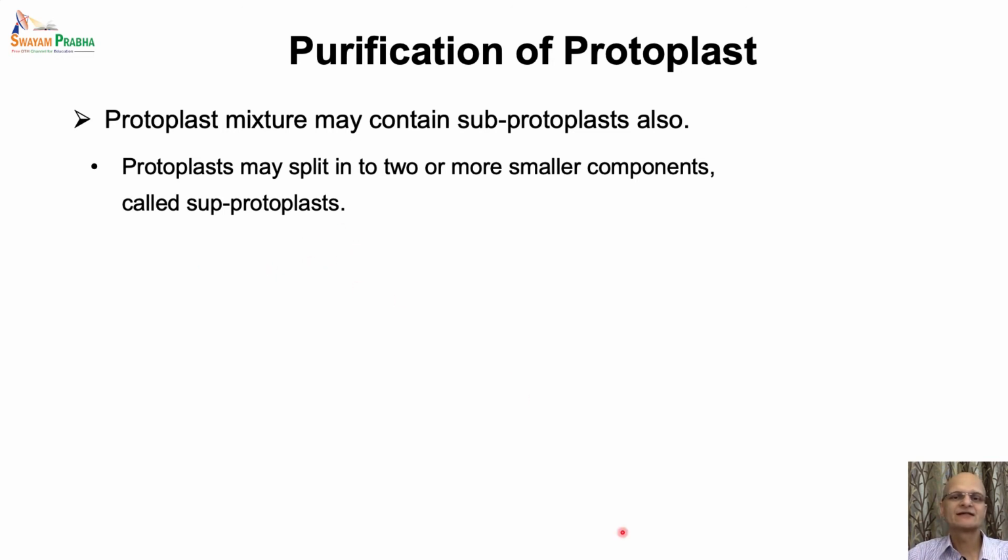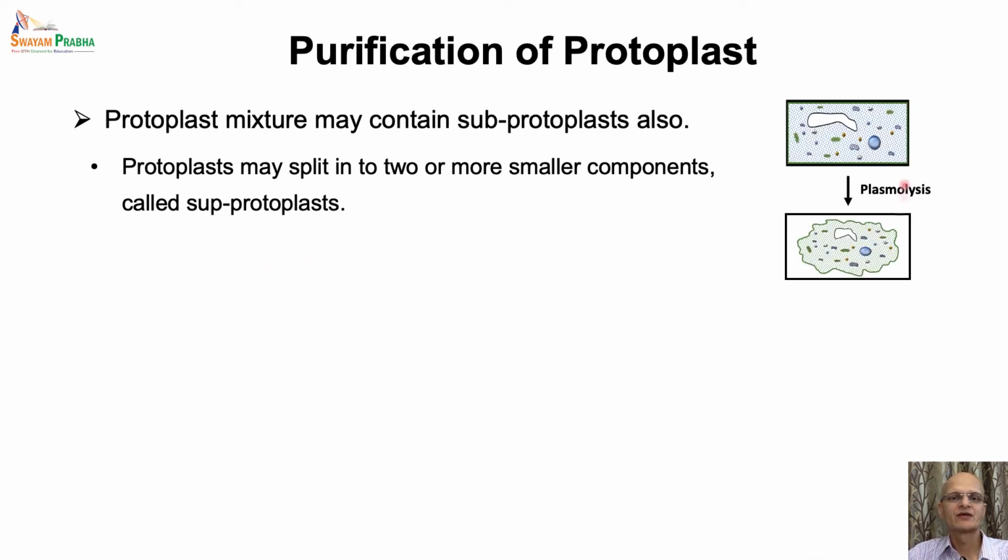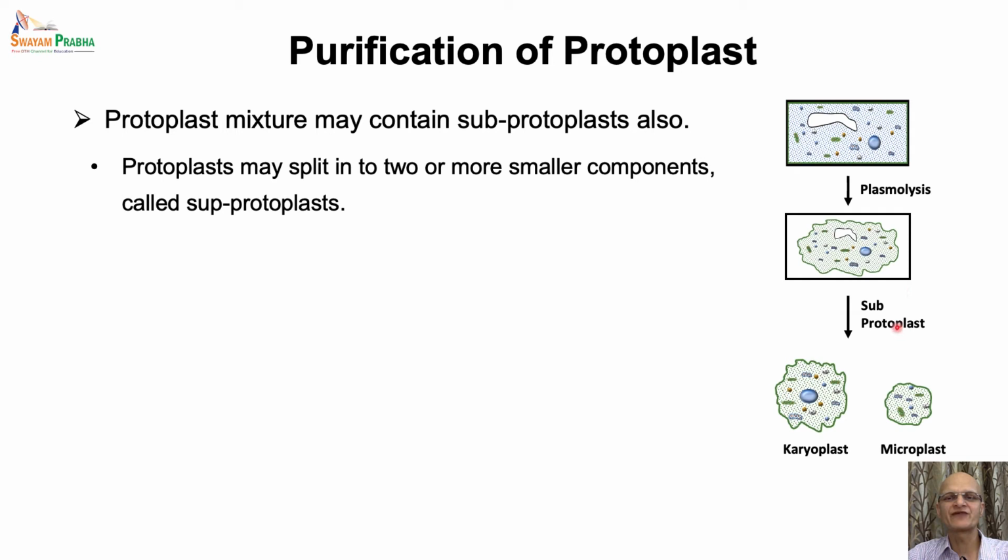Here is a plant cell. The plasmolysis of this plant cell will result in shrinking of the protoplast. Further plasmolysis may result in the splitting of this protoplast into two or more subunits. Only one of these subunits would carry the nucleus, and these fragmented segments or subunits of the protoplast are called the subprotoplasts.